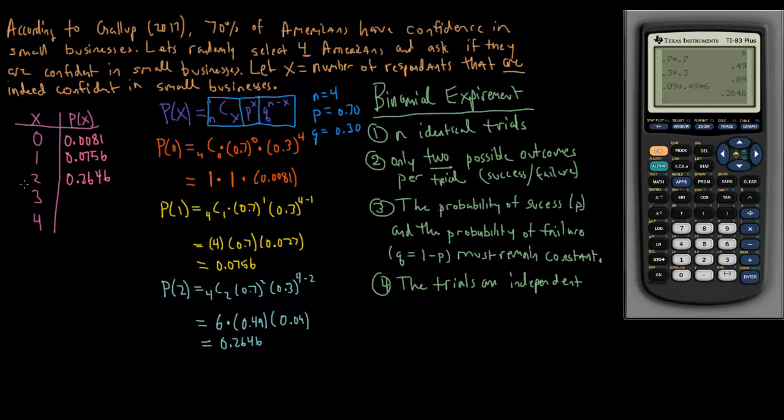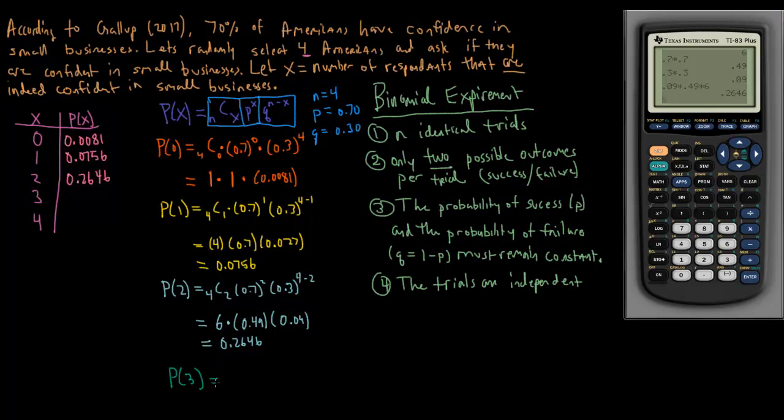Now let's say I want to do the really fast way for 3 and 4. I'll show you two really fast ways to find the probability of 3 and the probability of 4. First of all, I'll use the calculator. We can use the calculator to find P of 3.